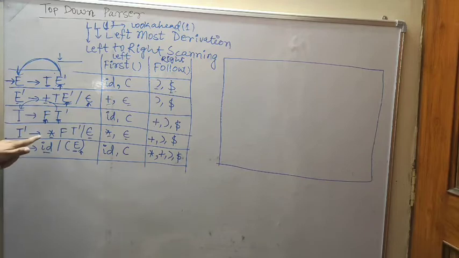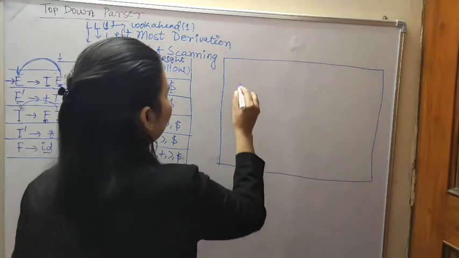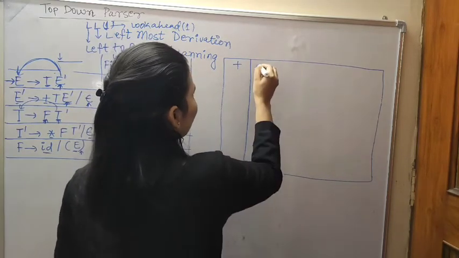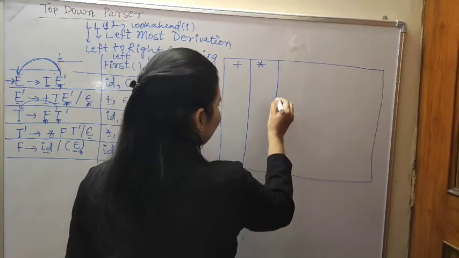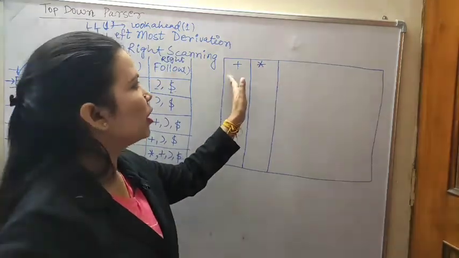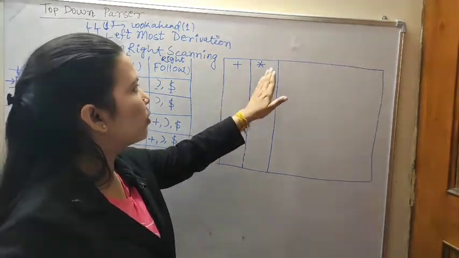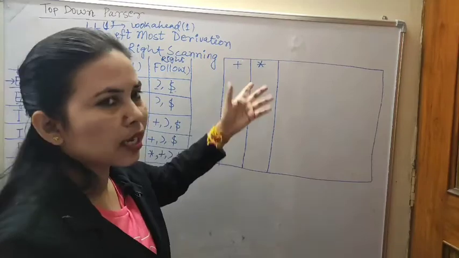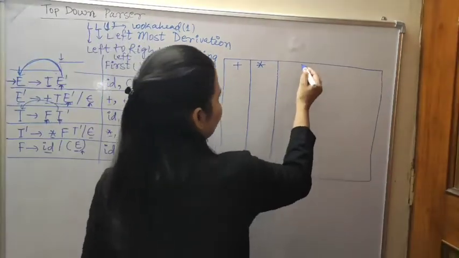Plus, star, id, open braces, close braces. You can arrange them anywhere. It's not necessary that plus will come first and then star. You can arrange any of them, any one can come first.